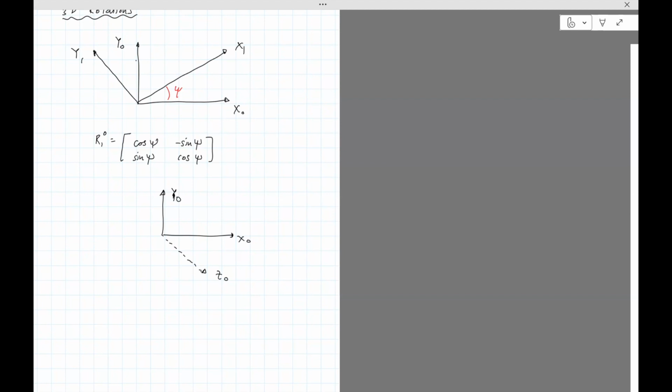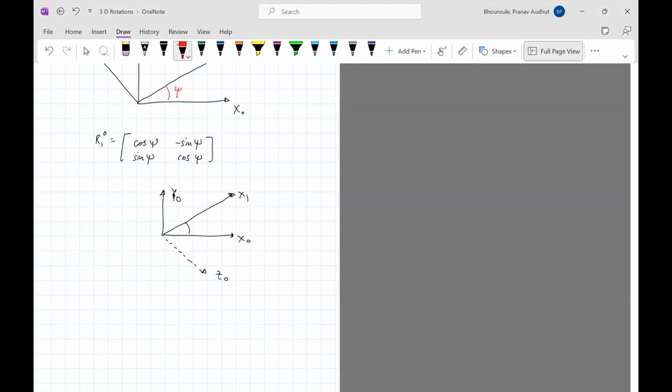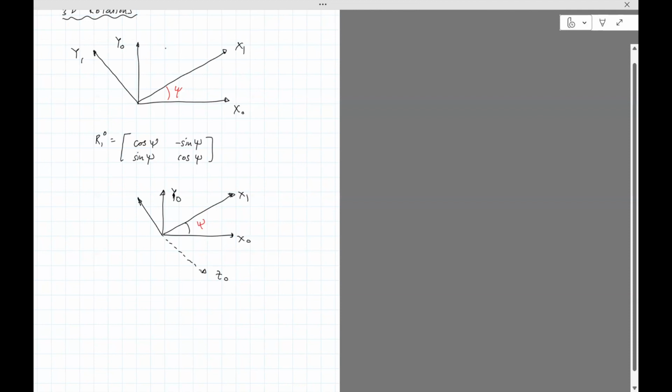So curl your fingers to rotate x0 to x1. This is psi, and then this would be y1. And then when you do that, you'll see that your z-axis remains the same, right? It doesn't change. So z0 is z1.